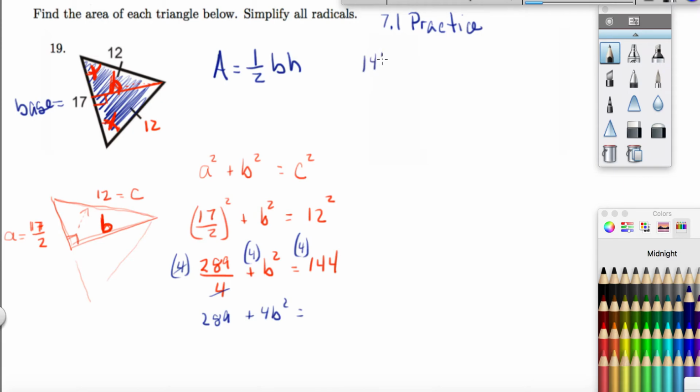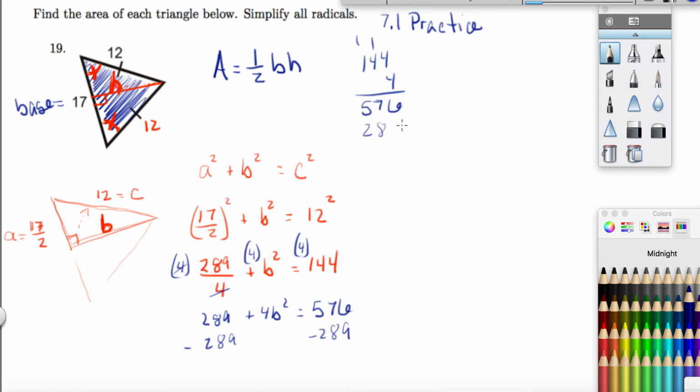Well, I could use the calculator, but 4 times 4 is 16, plus 1 is 17, 576. Now we have to subtract 289 from both sides.